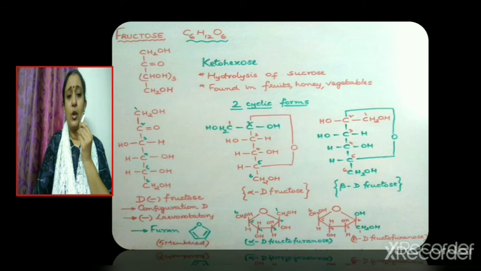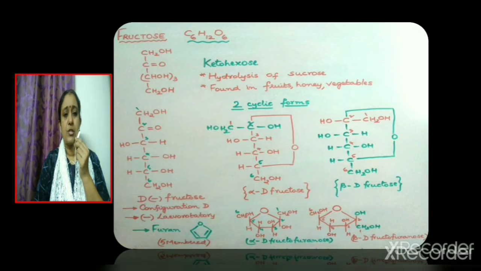It is for the lowest asymmetric carbon that OH is shown on the right hand side. In a similar way here, in fructose, the OH is shown on the right hand side. Since the configuration is similar to that of D-glyceraldehyde, here we have D-fructose. But it is minus fructose. Minus sign shows that fructose is levorotatory.